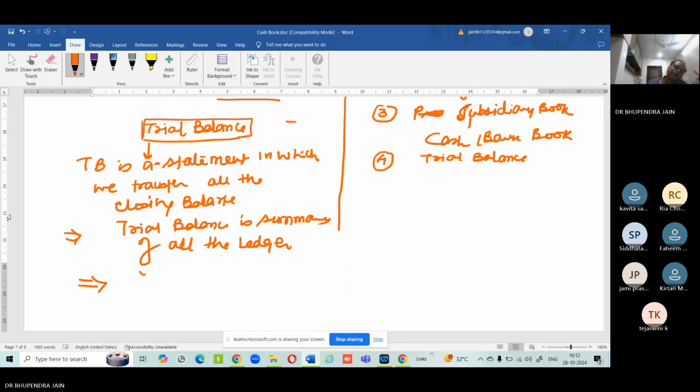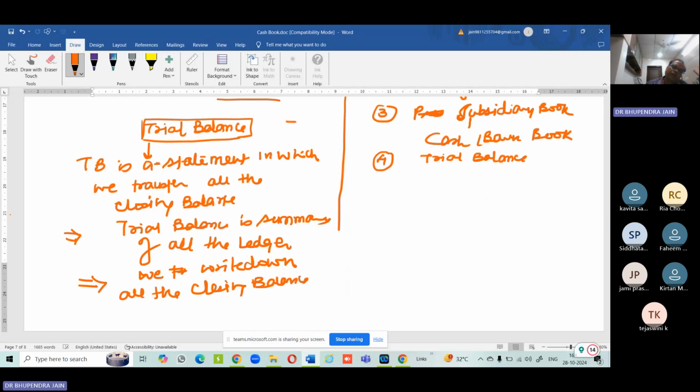And when we write down all the closing balances of the ledger, this is called the trial balance. I am giving here three definitions regarding the trial balance.